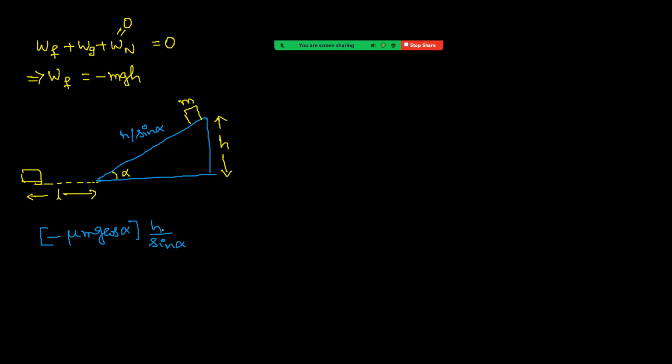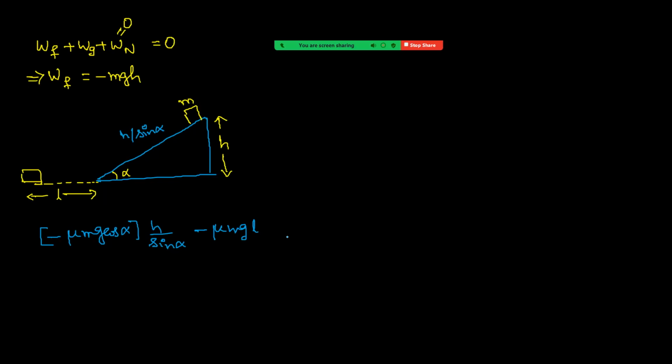This is the work done by frictional force on the inclined plane. Why negative? Because the frictional force is up the incline, but the displacement is down the incline. Next, on the horizontal plane, again the work done by friction is minus mu mg into L. This is the work done by frictional force.